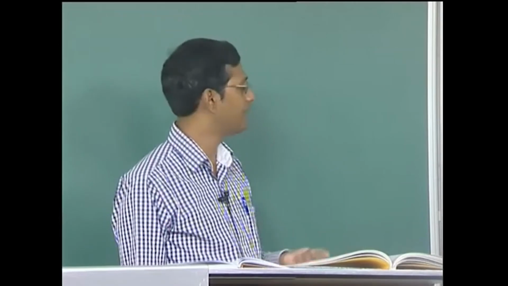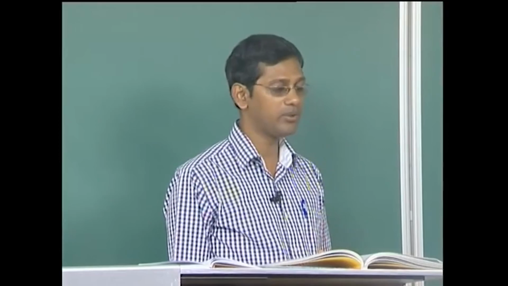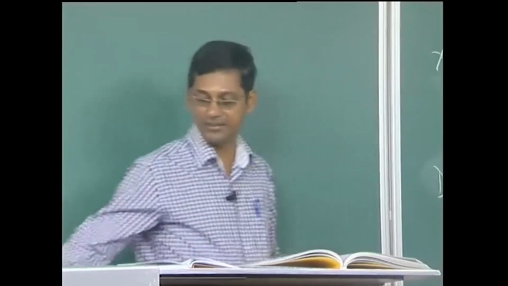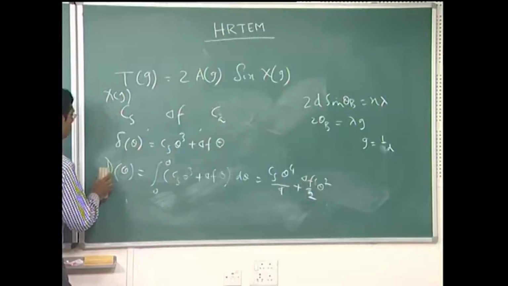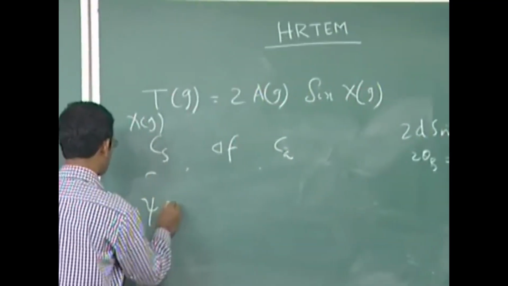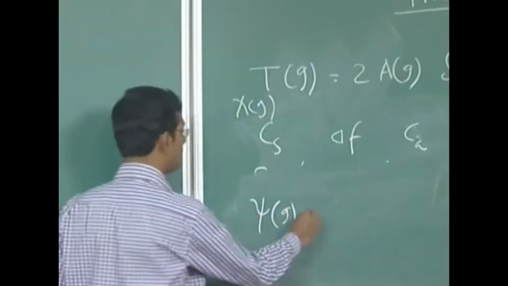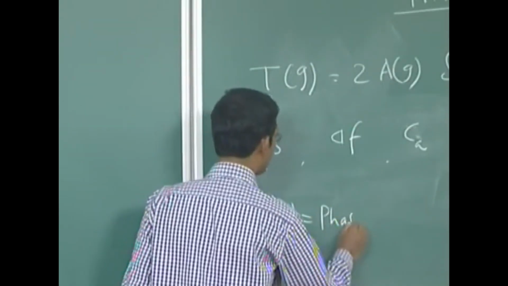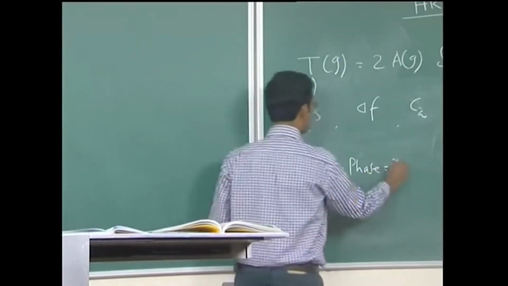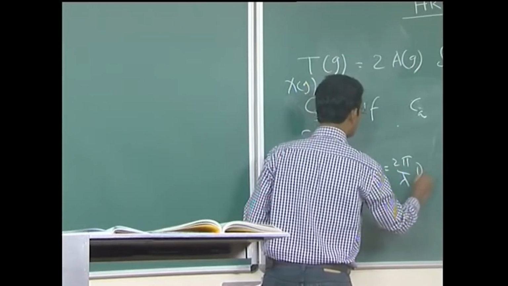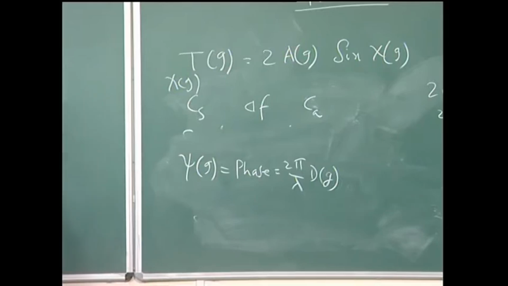Now, we can insert this value into this function, and then we can get the whole function like this, the psi z, which is the phase, equal to 2 pi by lambda into d g.